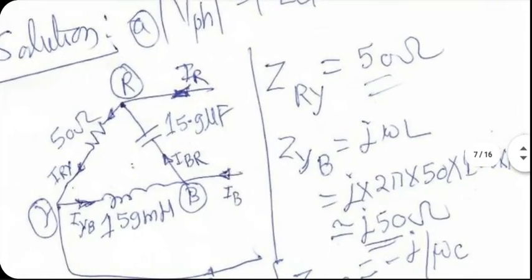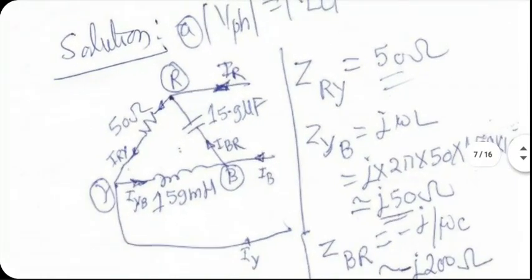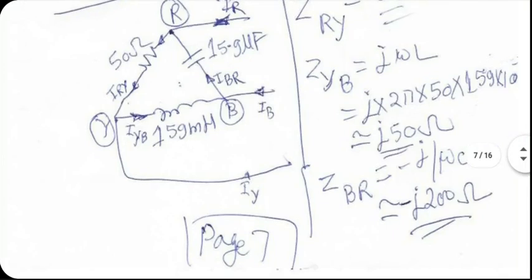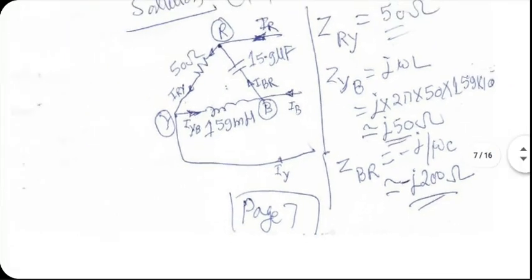Z between R and Y is obviously a real number, 50 ohm. Between Y and B, I have got an inductor, so I'll use the formula j omega L to get the impedance. It turns out to be almost j50 ohm. Between B and R, I'll get minus j upon omega C, which turns out to be almost minus j200 ohm. Given the values and the frequency that you have got, you can double check these values.